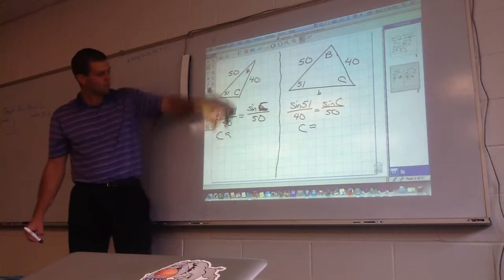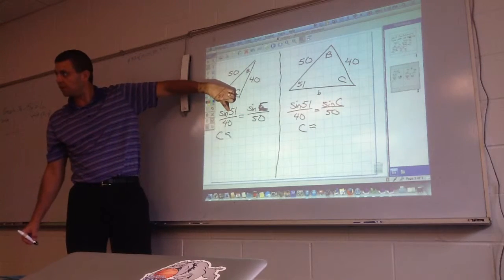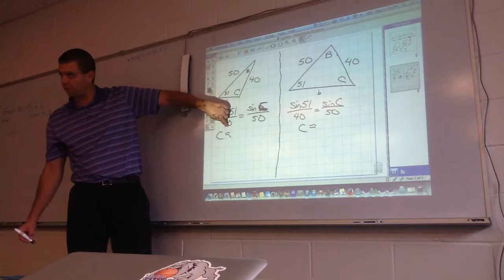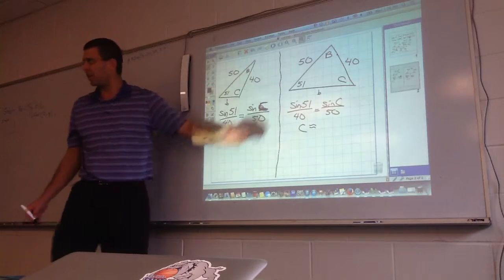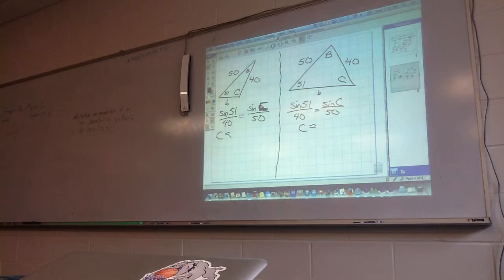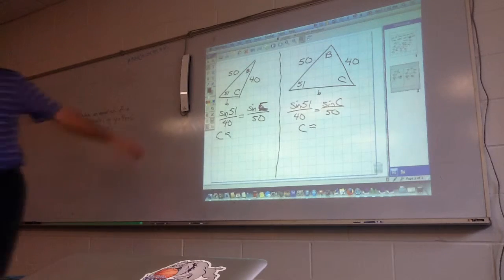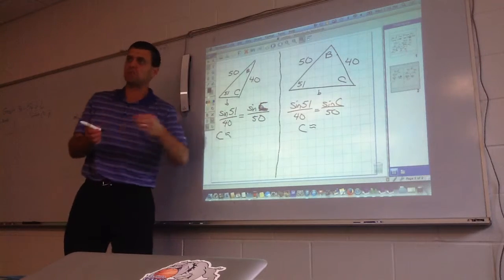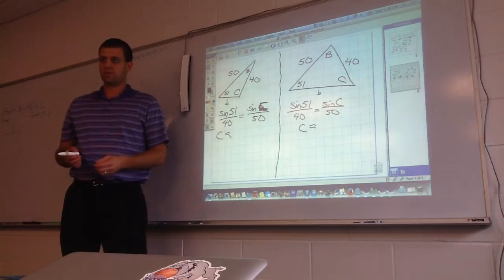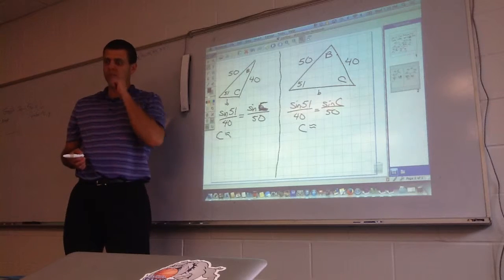So 50 times sine 51, divide by 40, and then you have to inverse sine that answer to figure out what C would equal, because after you cross multiply and divide by 40, that's what the sine of C would equal. Why do you want to inverse?